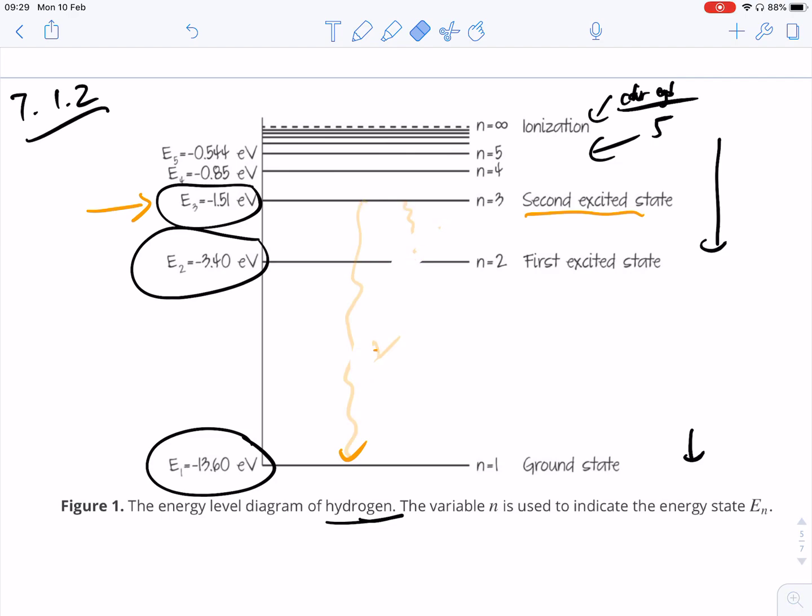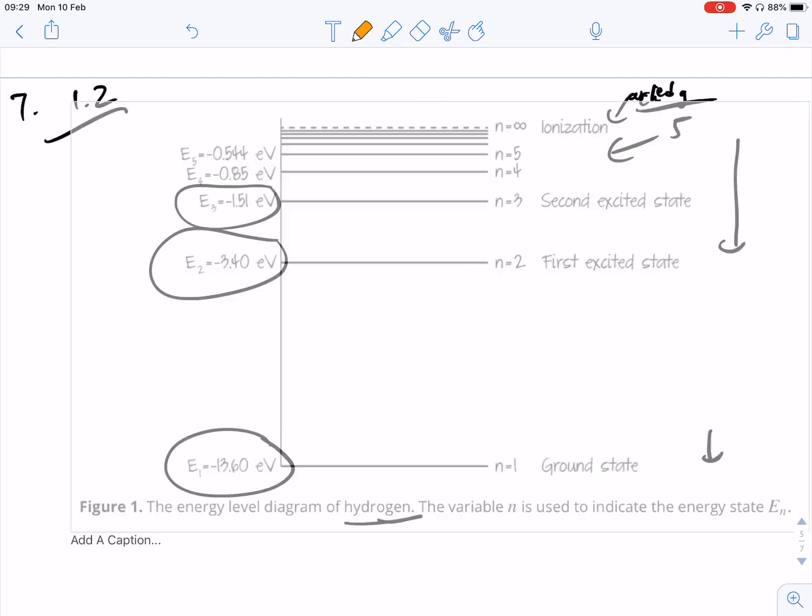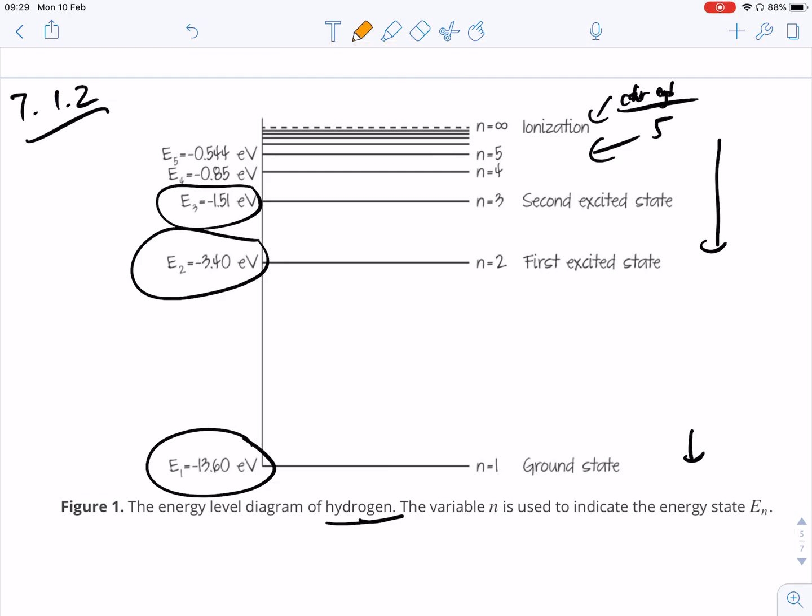Now, if we go back one more, you'll probably start to see the pattern. So if we start at n equals 4, if that's our starting point, it can give off a photon to reach the n equals 3 state, the second excited state.